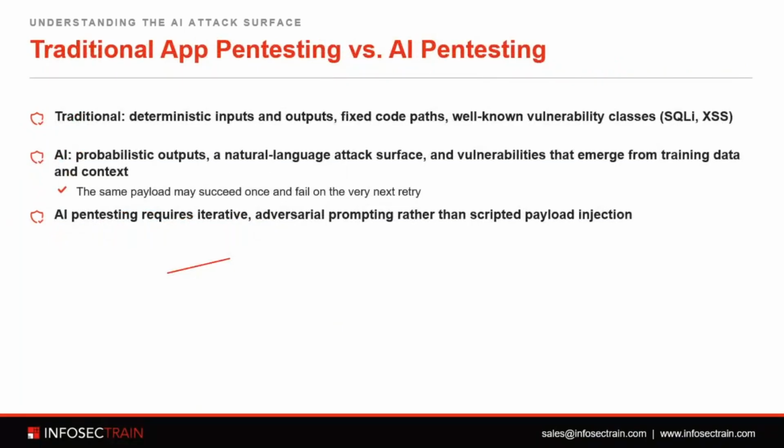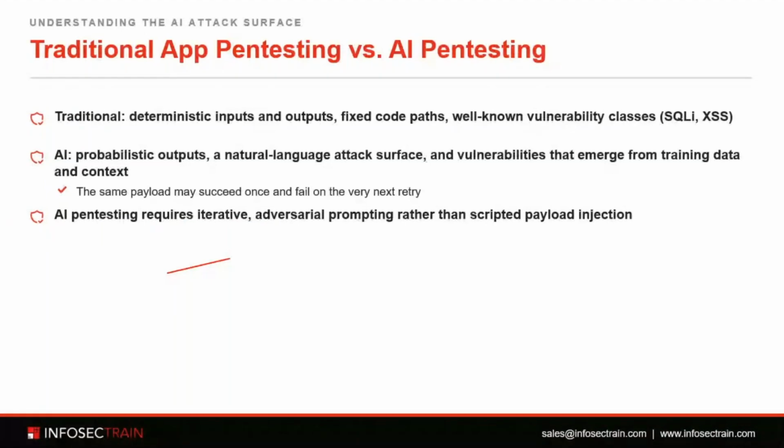Next thing we have is traditional app pen testing: deterministic inputs and outputs, fixed code paths, well-known vulnerability classes like XSS and SQLi, right?